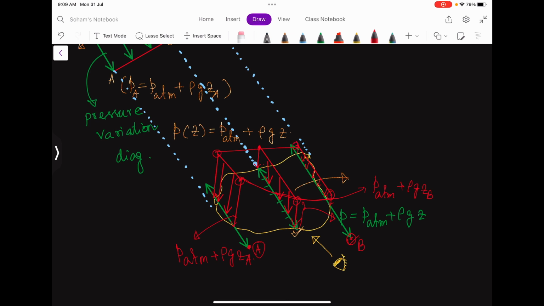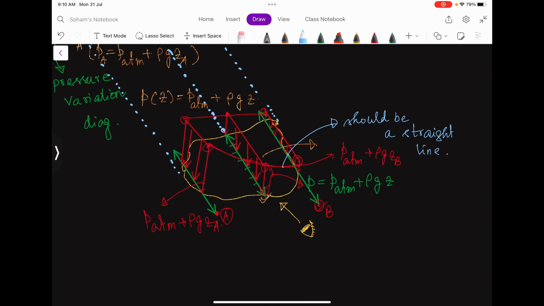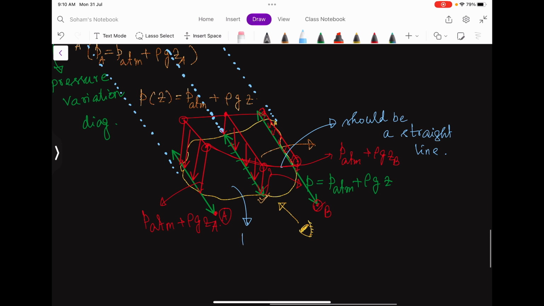So this is the total volume. But just mind that this line should be a straight line. So this is the actual pressure force variation.